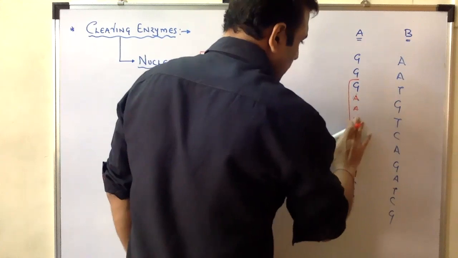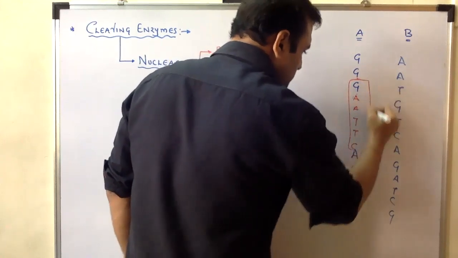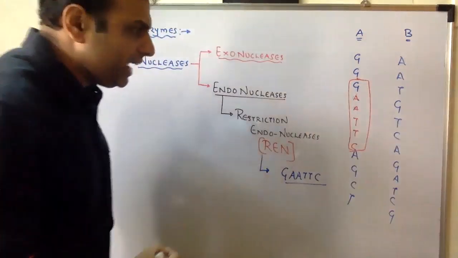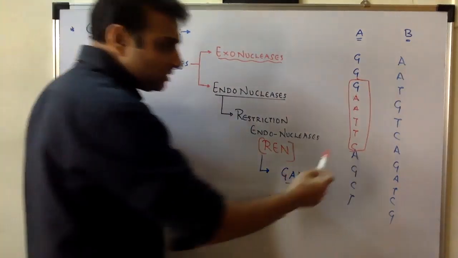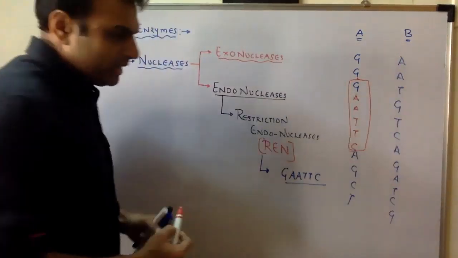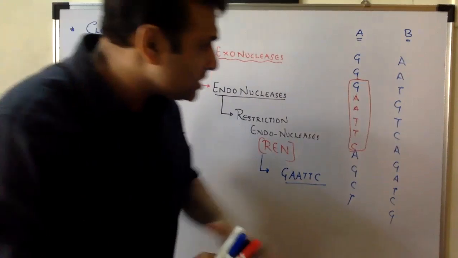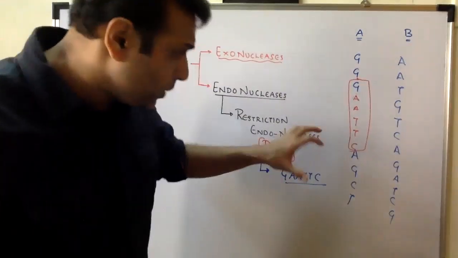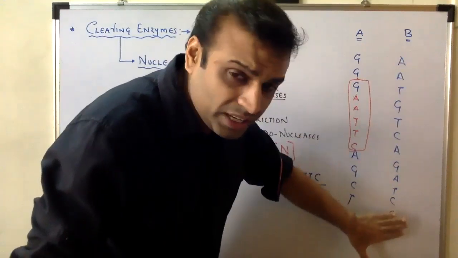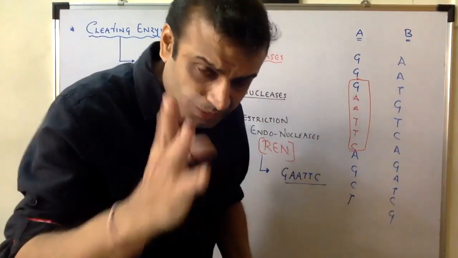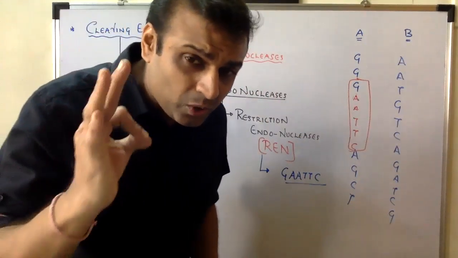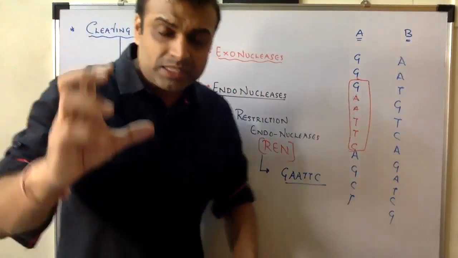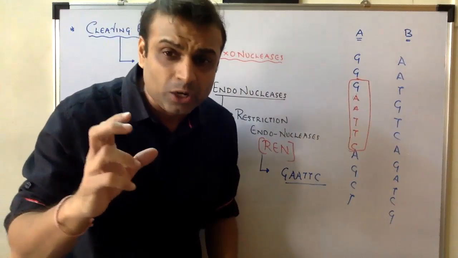Okay, so now this DNA sample contains this particular sequence GAATTC, whereas this sample doesn't have the sequence. Now, as this doesn't have the sequence, the REN which I'm talking about will not be able to cleave this DNA. वापस एक बार बोल रहा हूं, REN DNA को कट करेगा अगर उसके पास एक स्पेसिफिक न्यूक्लियोटाइड सीक्वेंस होगा.